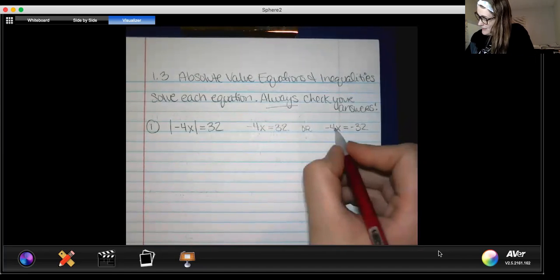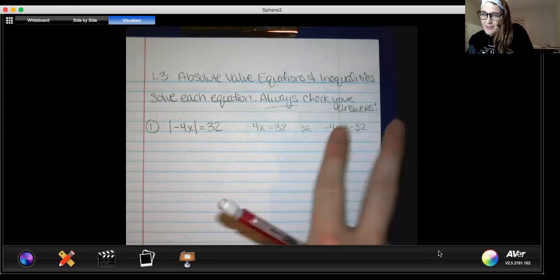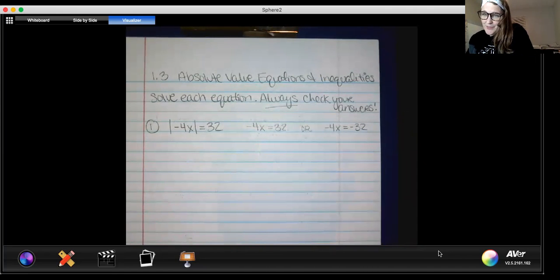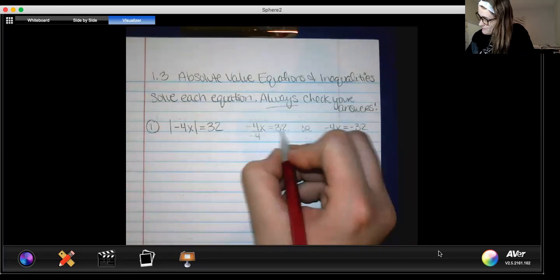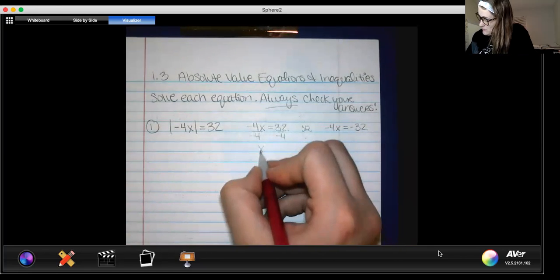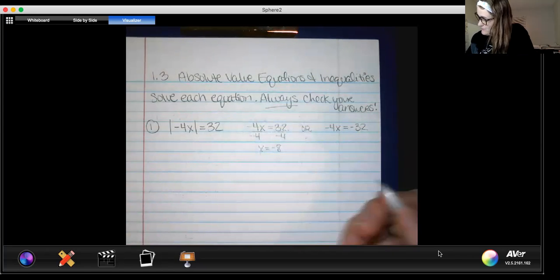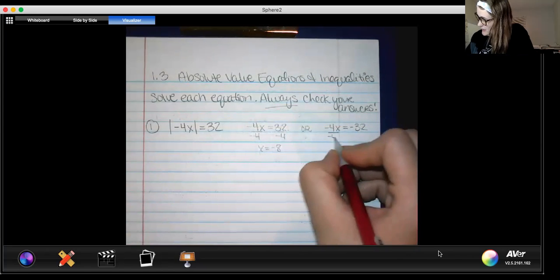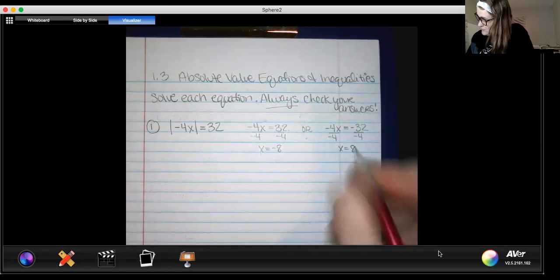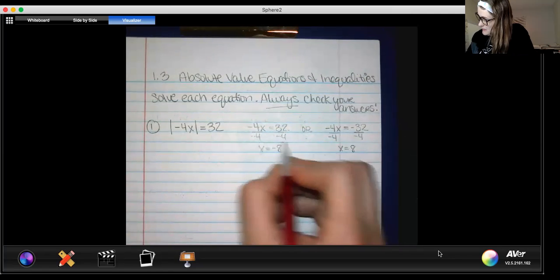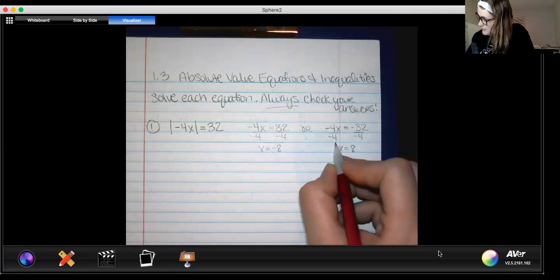Again, this stays the same, and the answer is the only thing that becomes the opposite. So we go ahead and solve. x equals negative 8, and if I divide by negative 4 here, I get x equals 8. So my answer is that x equals negative 8 and x equals 8.